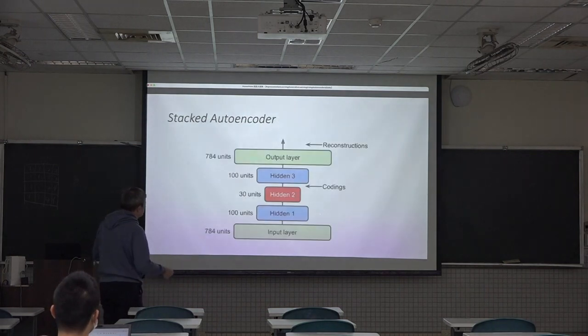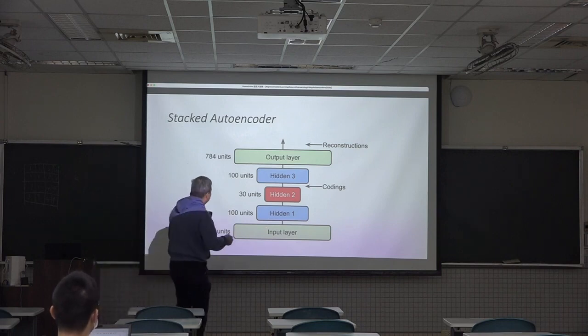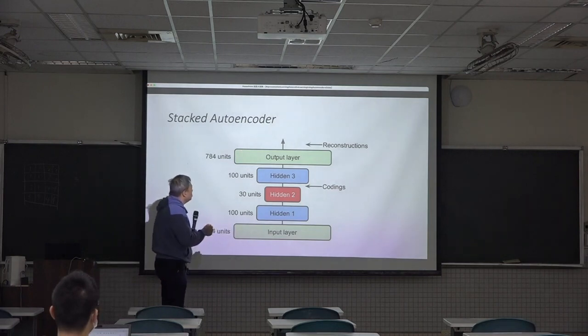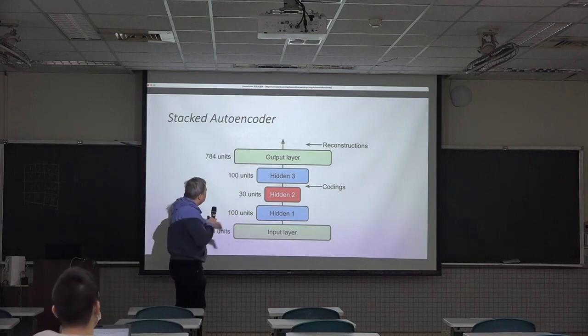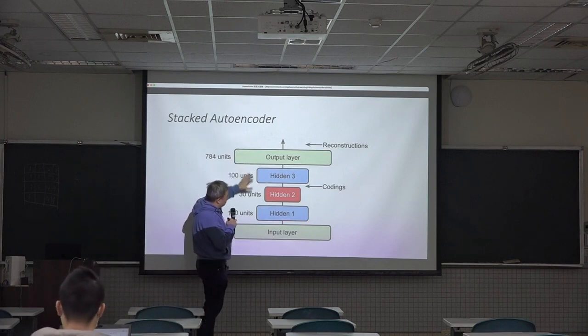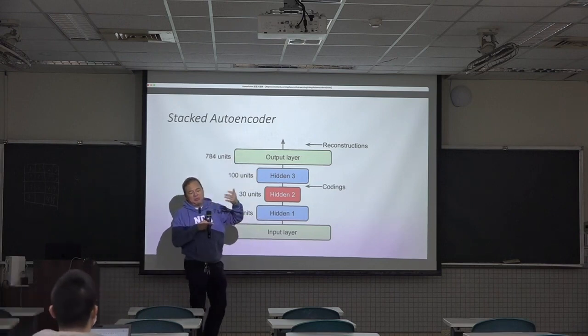Like this. The size of the input layer has to be the same as the size of the output layer, because obviously you need to reconstruct the input in the output layer. This goes without saying. But the stacked autoencoder goes much further than that.